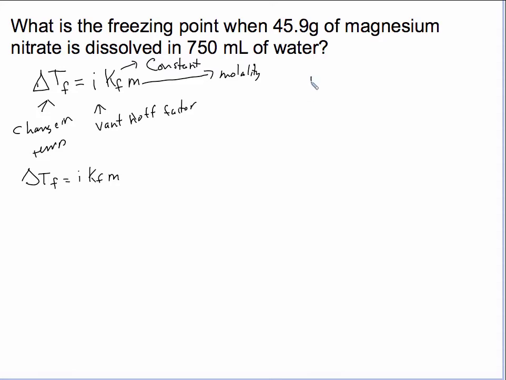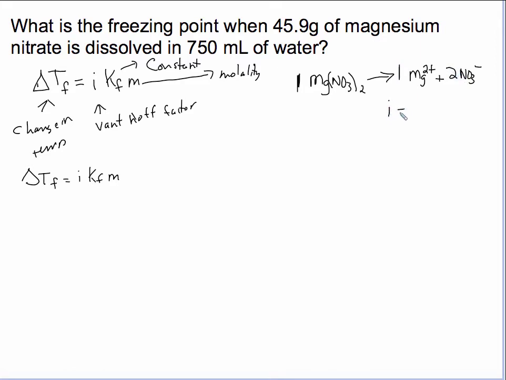You get the Van't Hoff factor by writing the dissociation equation. If we have magnesium nitrate, Mg(NO3)2, when it goes into solution, you get one mole of magnesium ion and 2 moles of nitrate ion. So for every 1 mole that you dissolve, you get 1 mole of magnesium plus 2 moles of nitrate.